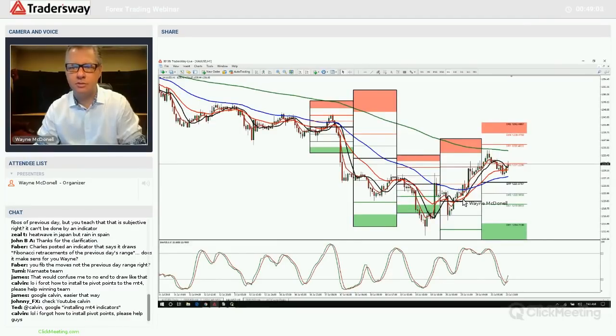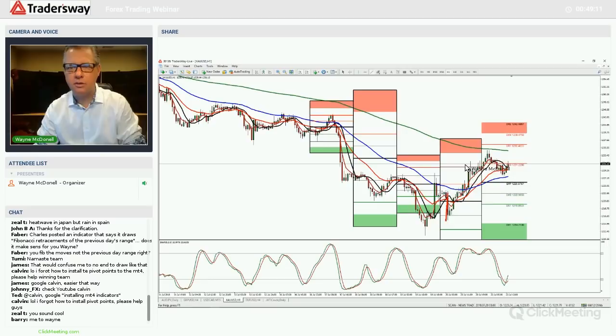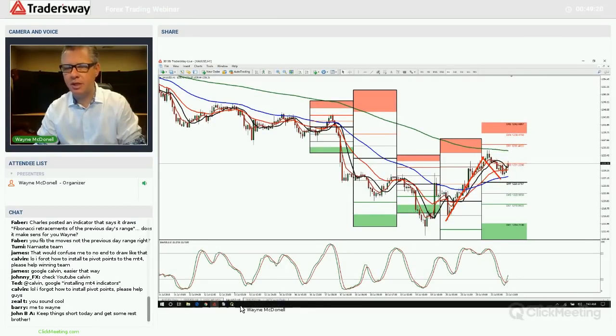All right, so let's go with this. This makes it easier to see. So one of the things I look for is a high and a low, like a pivot, right? And then I look for a retracement. Typically, this is during the Asian session.